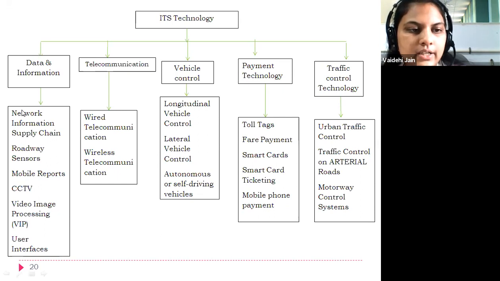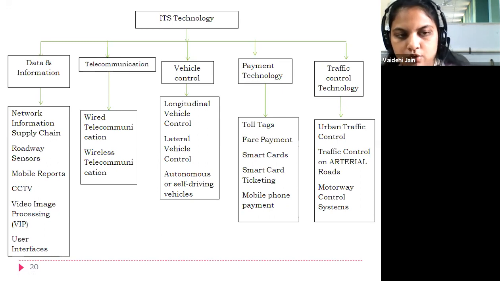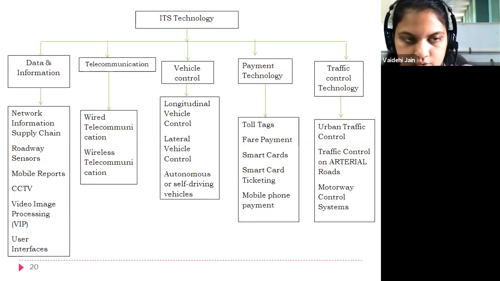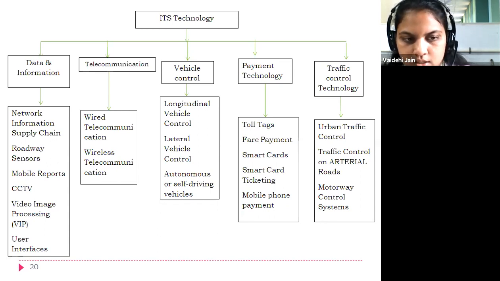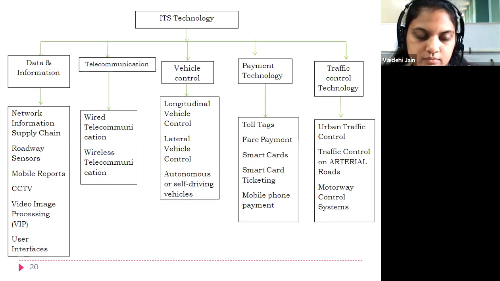In data and information, these are some of the points. First is the network supply chain. Obviously, the information supply chain is an important part of the data and information component. Then for that supply chain, you obviously require roadway sensors, mobile reports, CCTVs, video image processing, and the user interface.